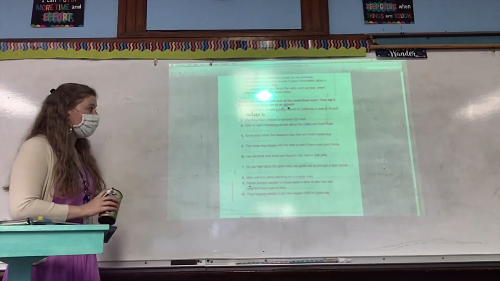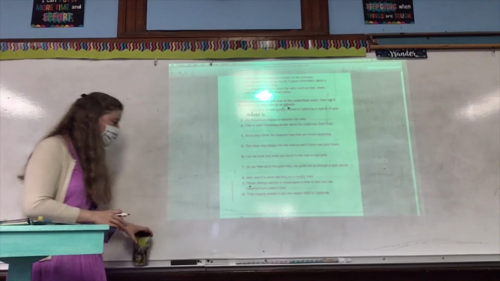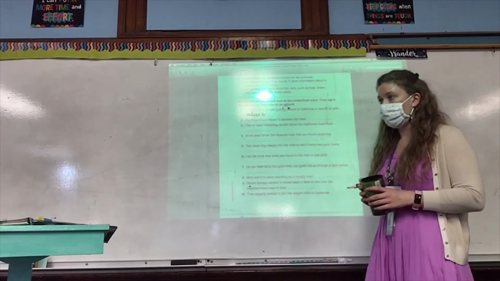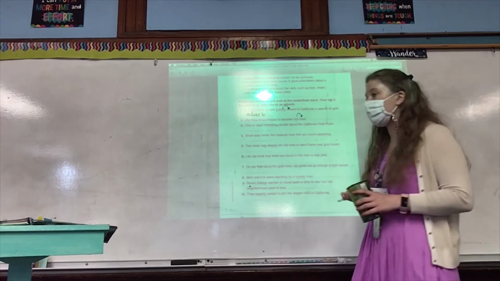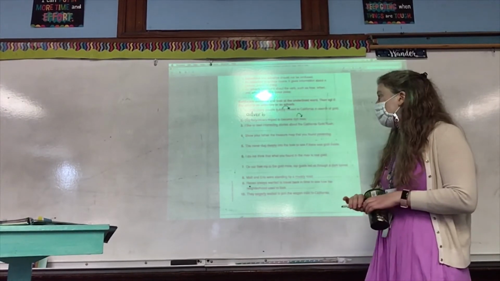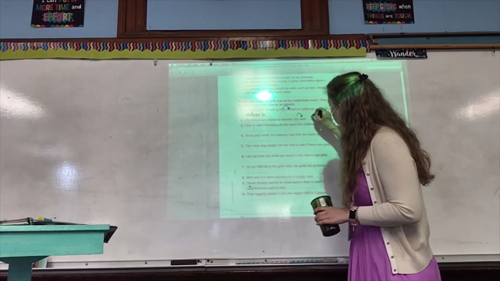Number 2, the 49ers hope to become rich men. The word rich is describing which word? Men. Now, is men a noun or a verb? Noun, which means rich is an adjective.